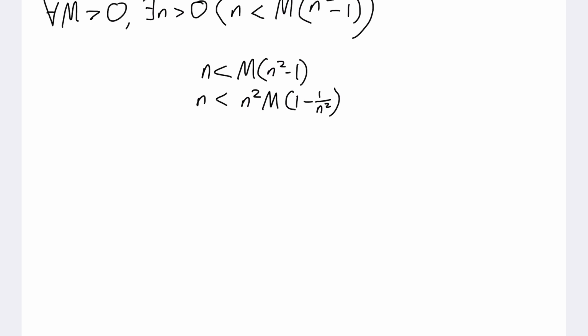We want to find an n such that 1 over n squared is less than 1, because that will make it so 1 minus 1 over n squared is a positive constant, which will be much easier to work with given the restrictions that m and n have to be greater than 0. So positive. I'm going to say n equals root 2 perchance.